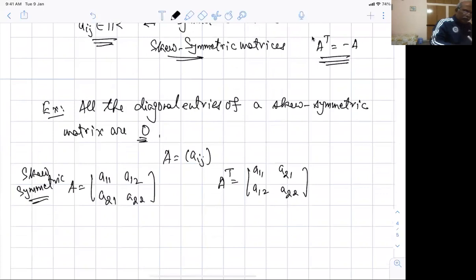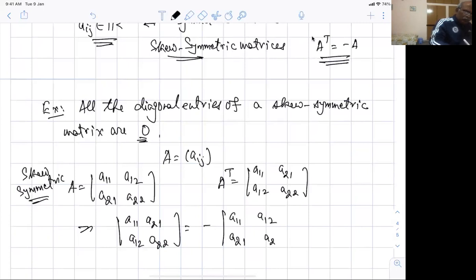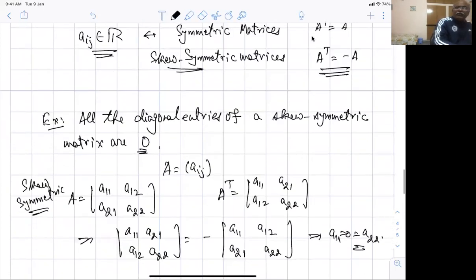The skew symmetry I'm looking at will imply that A11, A21, A12, A22 should be equal to minus of A11, A12, A21, A22. And from here you conclude that A11 is 0 is equal to A22. Just do it yourself. All right, fine. So that is about symmetric matrices and skew symmetric matrices.